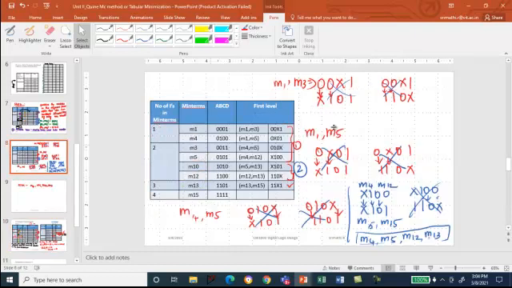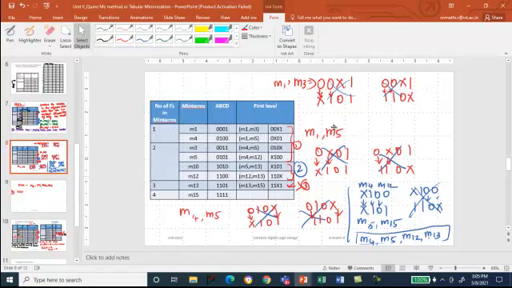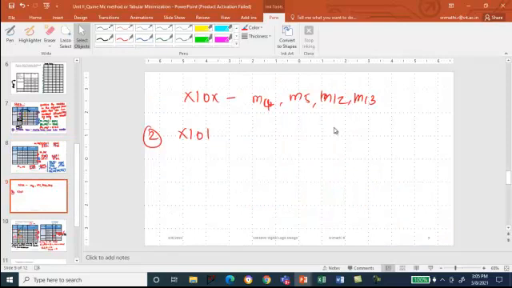And see, now we have clubbed all the terms of 1 with the terms of 2. Now take 2 and compare with 3. So what is 2? We have two terms, x101 and 110x. These are two terms.